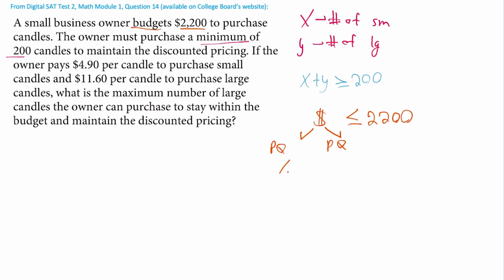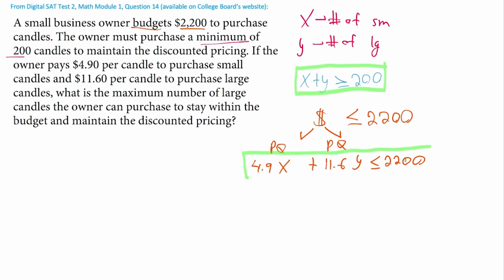So we have x small candles, and each of those costs $4.90, and we have y large candles, and each of those costs $11.60. And so that is our inequality right there. And so now we have two inequality statements that we're going to apply this substituting inequality method to.